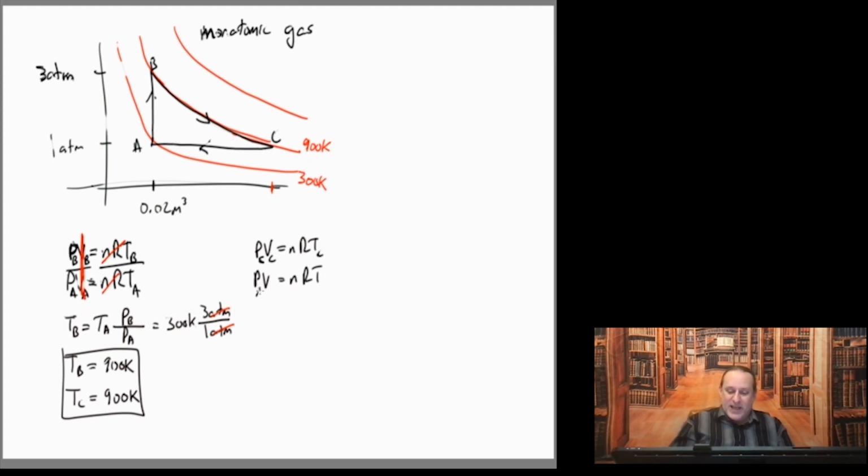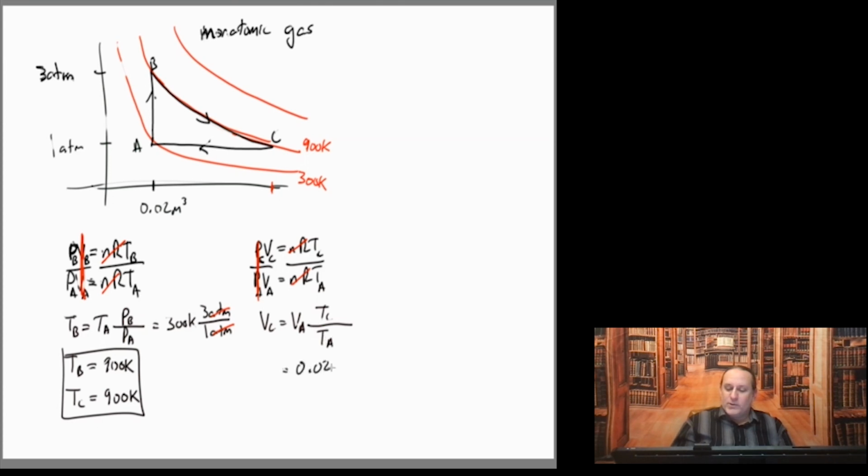I'll just pick A, and then we divide. Again, the n and the R cancel, that always happens. And because I'm comparing points A and C, they are connected by a constant pressure of 1 atm. Those pressures just cancel. And my VC is equal to VA times TC over TA.